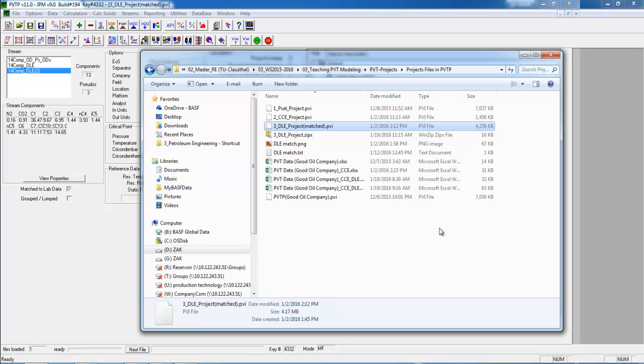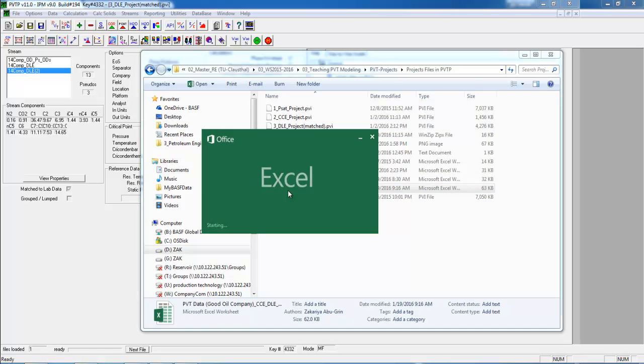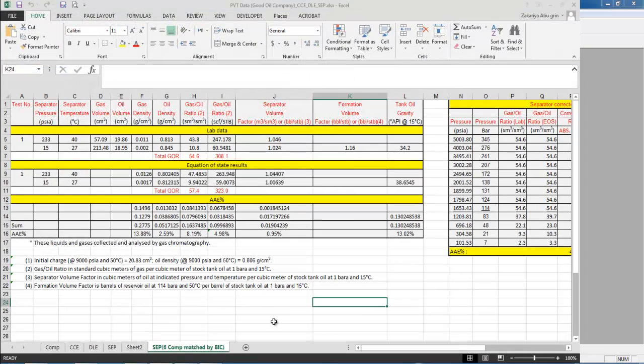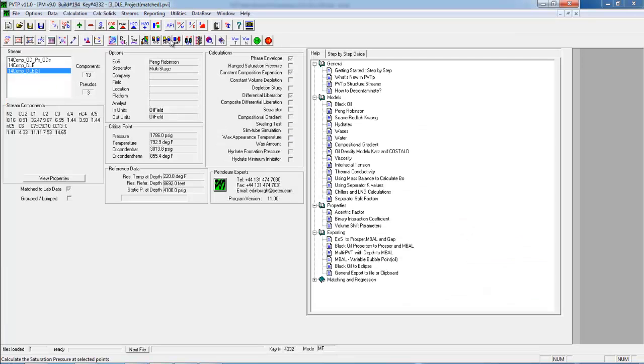So now we are in this step, and I will see now what's the average absolute error before I go to this step. I want to start by evaluating PSAT.